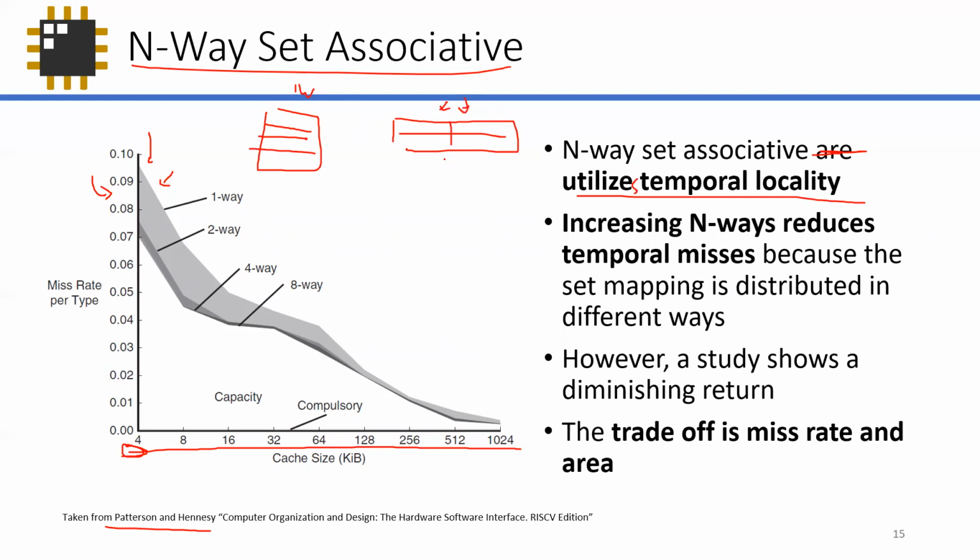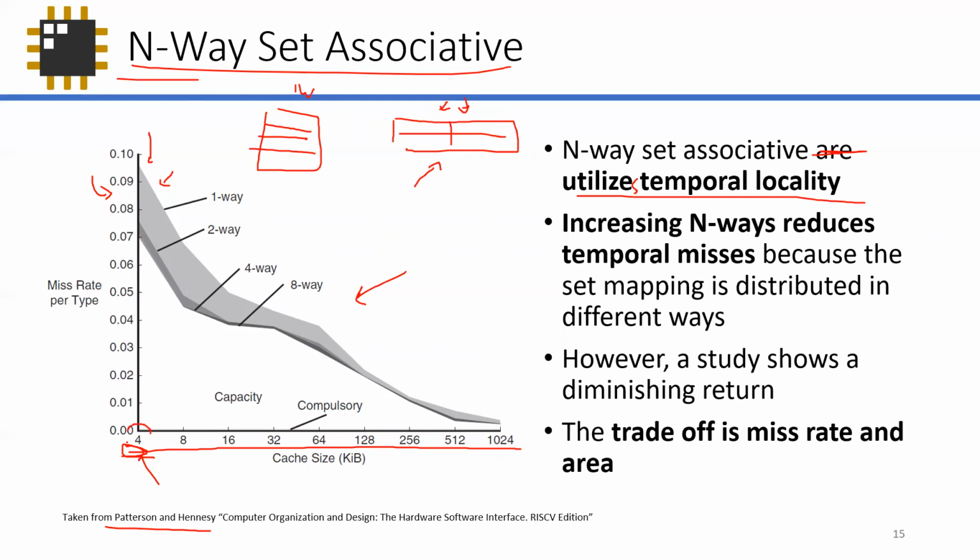You have more temporal locality this way, in the n-way set associative. Okay. And what this block tells you really is that you get higher gains when you have a very small cache size and then you use an n-way set associative.